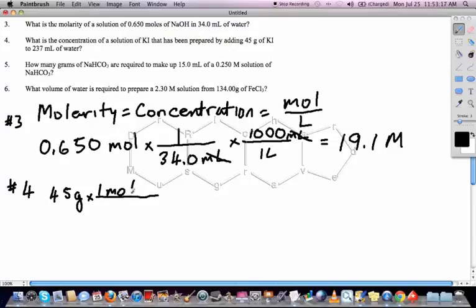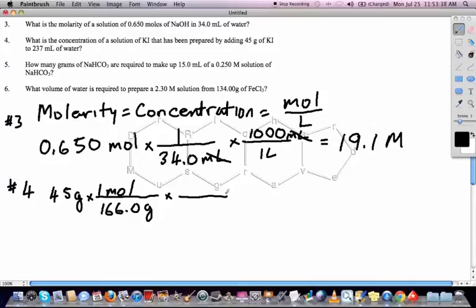And I'm going to have to convert that to moles using the molecular weight. And the molecular weight of this one is 166.0 grams. So that's going to cancel my grams. I'm going to be left with moles. So that's what I wanted first. I now also need moles per litre.